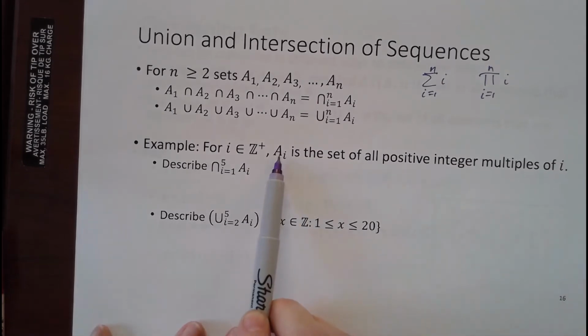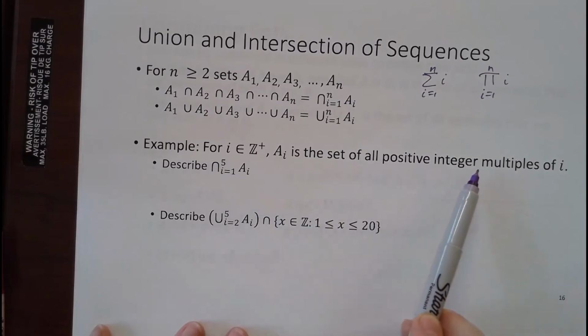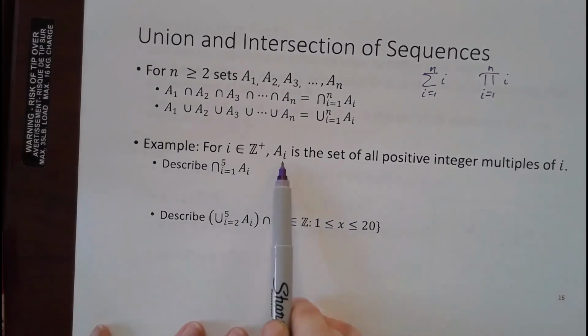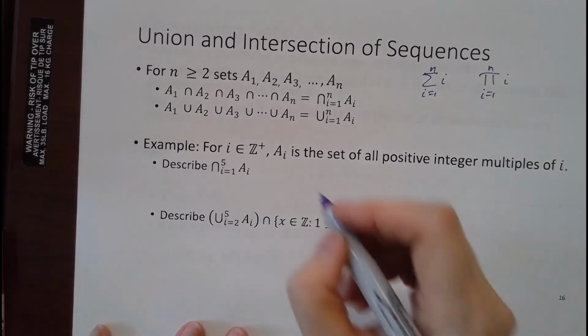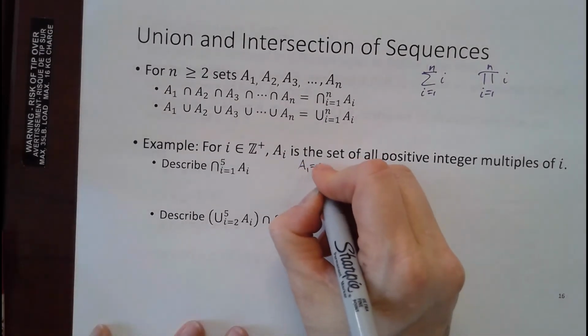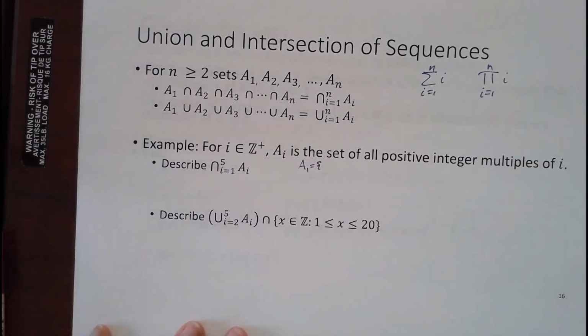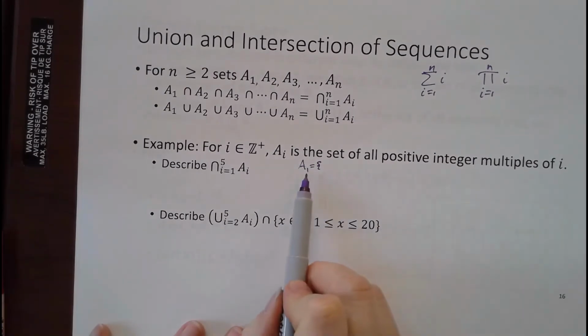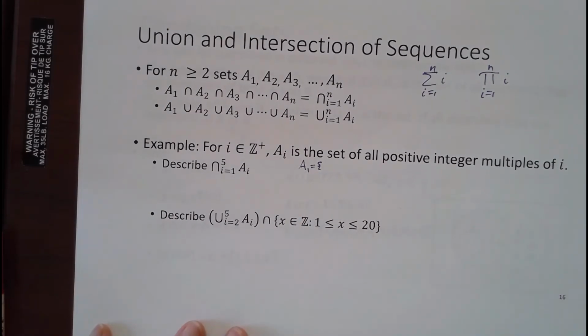The set A with the subscript i is going to be the set of all the positive integer multiples of whatever the subscript was. Okay, so for example, A sub 1, that's going to be the subset that contains all positive integer multiples of 1. What are all the positive integer multiples of 1?